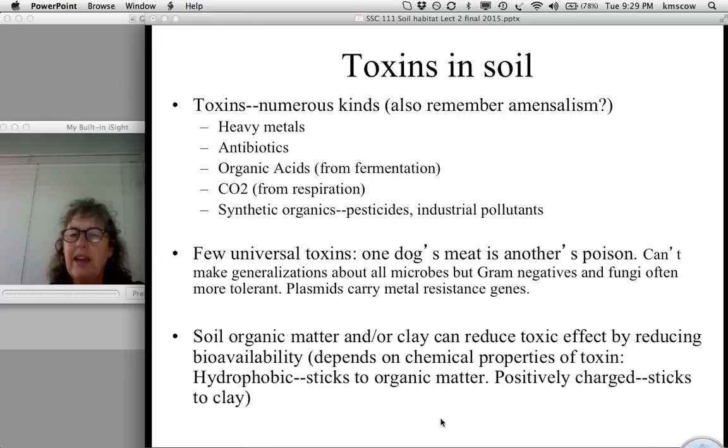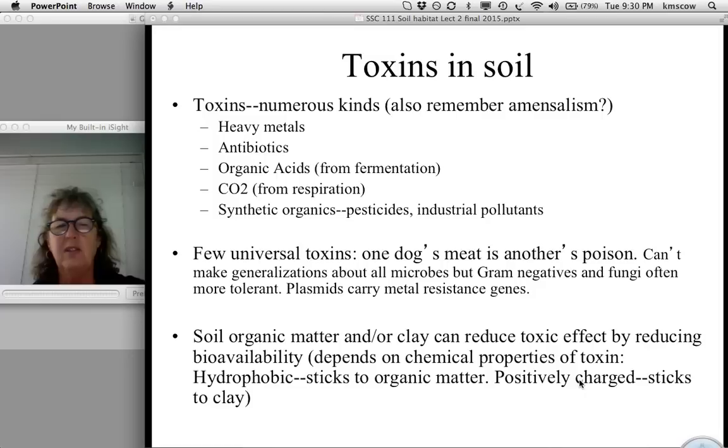So soil organic matter and/or clay, remember we talked about cation exchange capacity, can reduce the toxicity of these toxins if they have the right kind of chemistry, by reducing the bioavailability, by reducing the access of those chemicals to microbes.